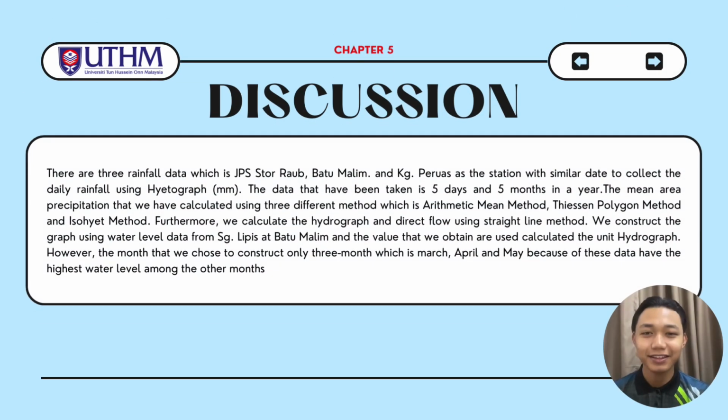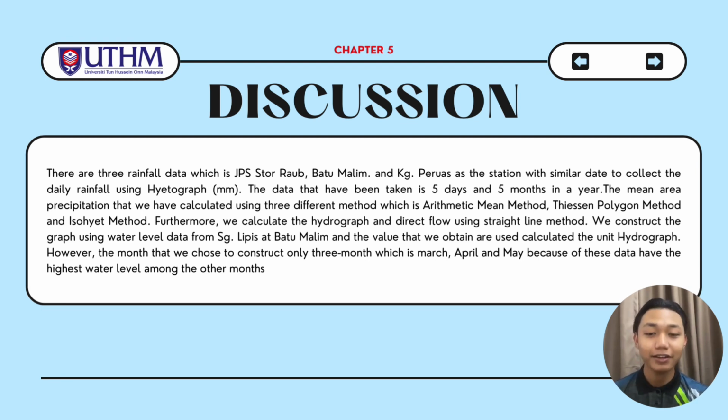The next is the discussion. There are 3 rainfall stations, which are JPS Torau, Batu Malim and Kampung Perwas, with similar dates to collect the daily rainfall using the hydrograph. The data have been taken in 5 days and 5 months in a year.